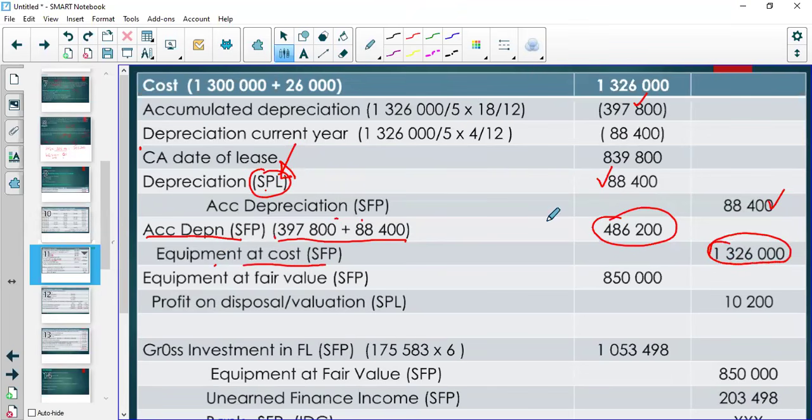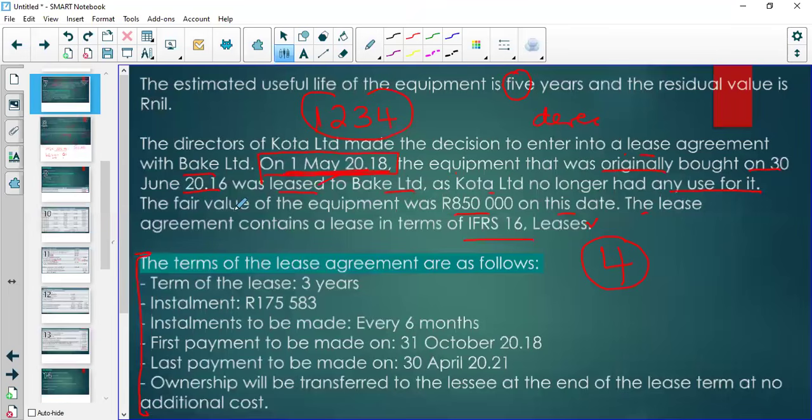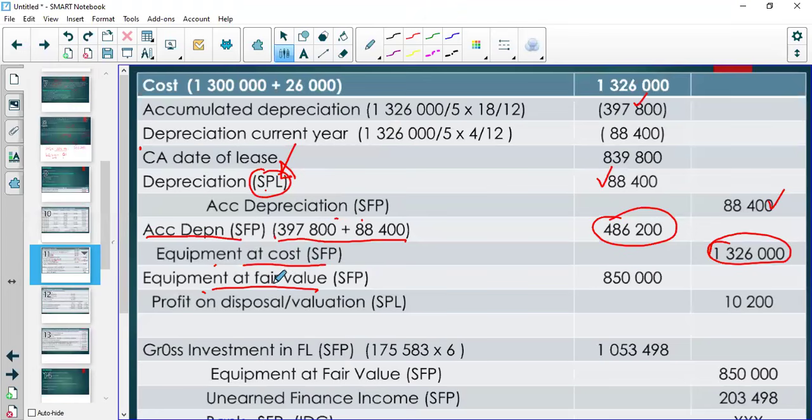And we're going to remeasure this asset to its fair value. So you will remember here, they say the fair value of the equipment was 850,000 on this date. So we recognize the asset at its fair value and the gain in the asset, which we refer to as profit on disposal or valuation gain, is 10,200.